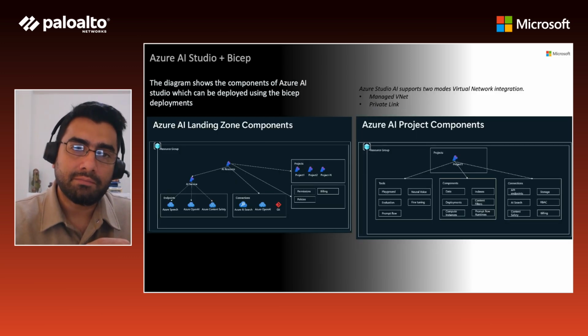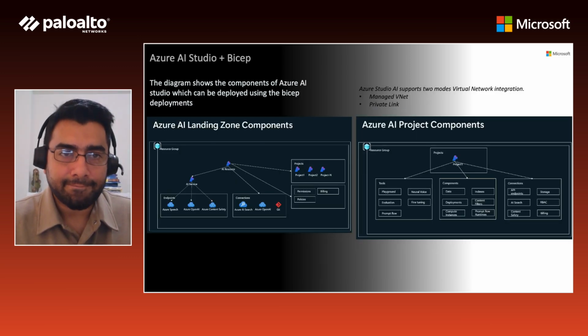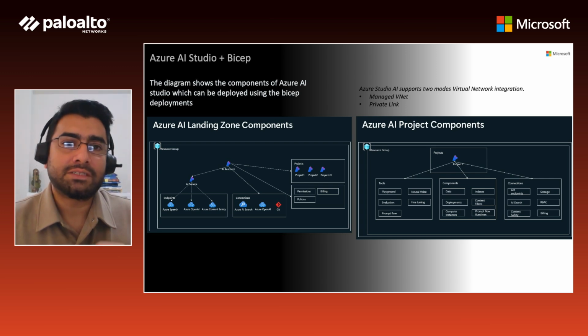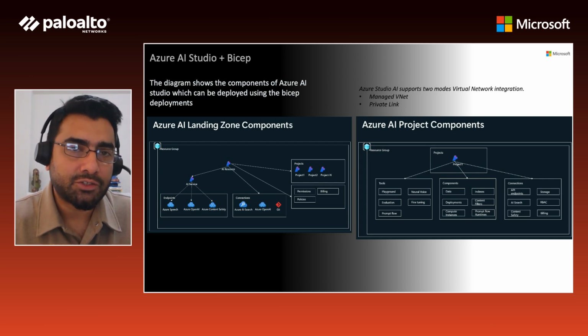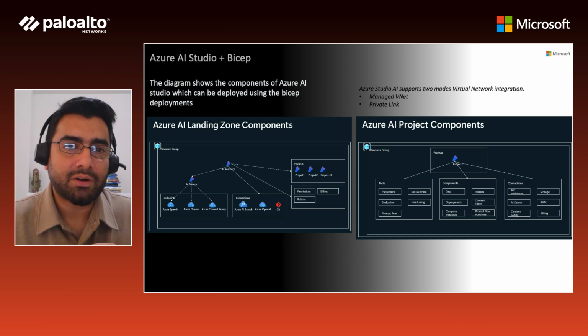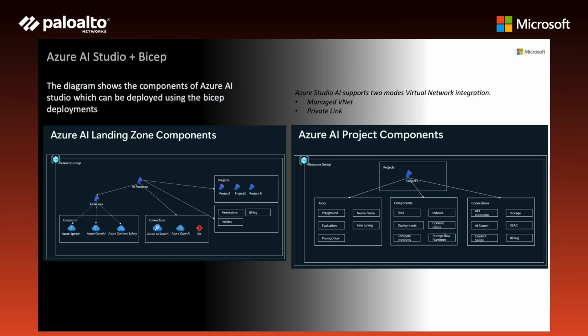So if you look a little bit more into the components that are deployed when you deploy OpenAI Studio using this Landing Zone Accelerator program, you can see the Azure AI Landing Zone has big components. One is the resource, AI services, and the projects. All these things are mapped together. Once you deploy, the OpenAI service is going to be created in the resource group and is going to integrate with different services.